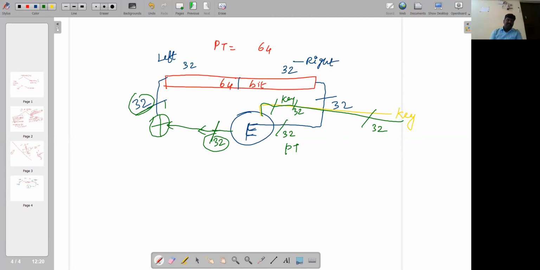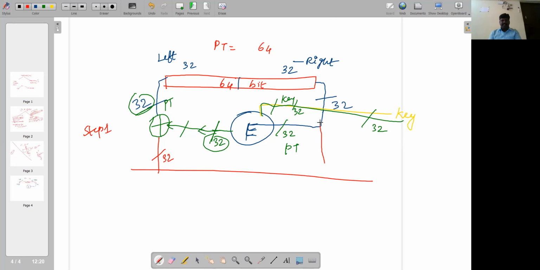This is the left plain text. Now this is again another input, so here I'll get a 32-bit output. I hope this is clear. Yes. Now, this is step 1 or round 1.